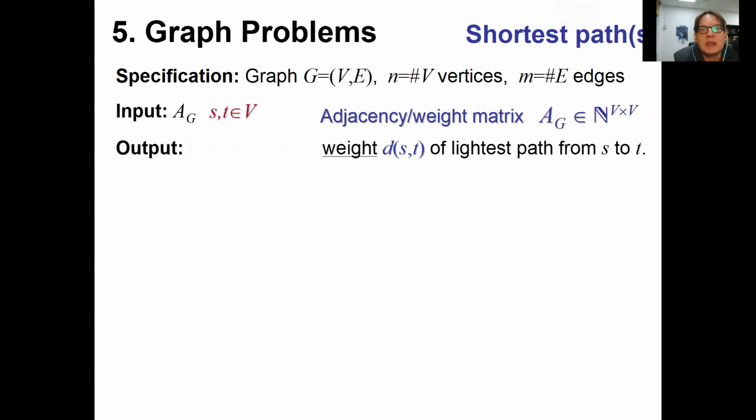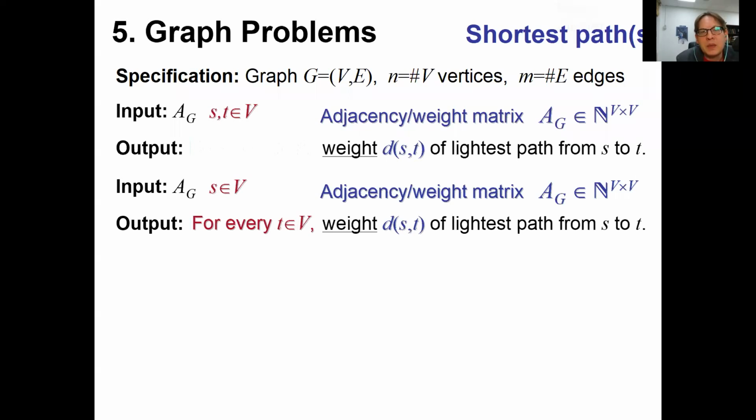It doesn't make sense in the specification to ask for the lightest path, because there may be several lightest paths, whereas the weight of a lightest path is always unique. So this is the quantitative version of the qualitative connectivity property, from a given start vertex to a given target vertex.